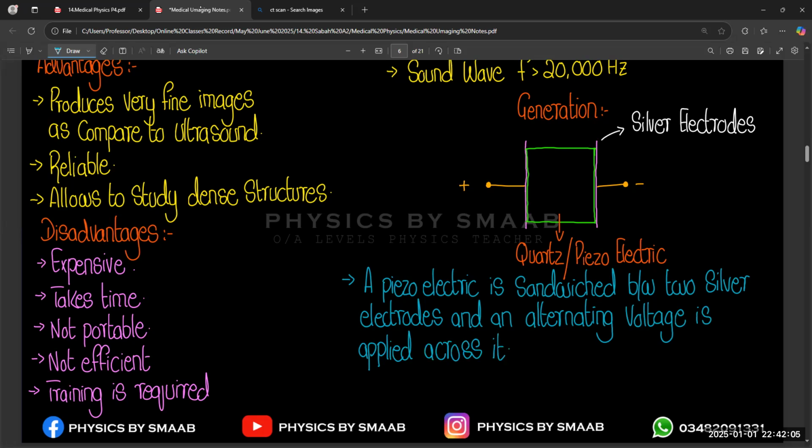And why are we using alternating voltage? Because as we discussed, this material helps to vibrate.